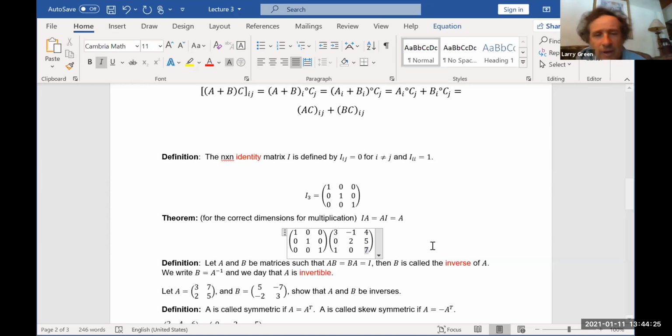Well, what does it mean to take I times A? It means you multiply it, right? So that means we're supposed to take the dot product. Let's look at the first row by the first column. You get 1 times 3, and then you're zeroing out everything else by definition. Do you see that?